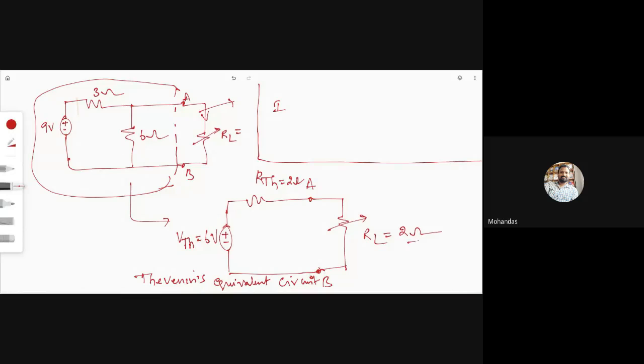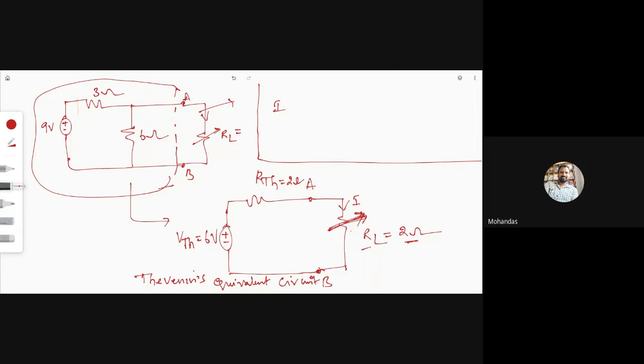When RL equals 2 ohm, calculate the current I. This symbol means variable arm. The resistance RL is going to be variable. Over a resistor, if you draw an arrow, that represents a variable resistance.